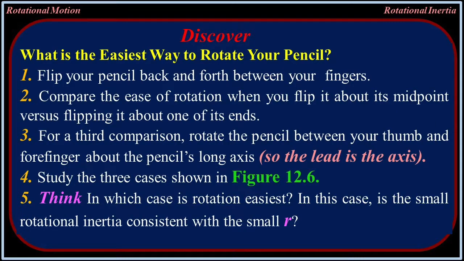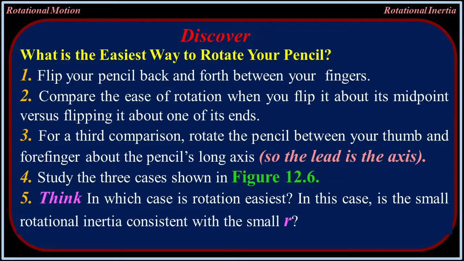What is the easiest way to rotate your pencil? Flip your pencil back and forth between your fingers. Compare the ease of rotation when you flip it about its midpoint versus flipping it about one of its ends. For a third comparison, rotate the pencil between your thumb and forefinger about the pencil's long axis.